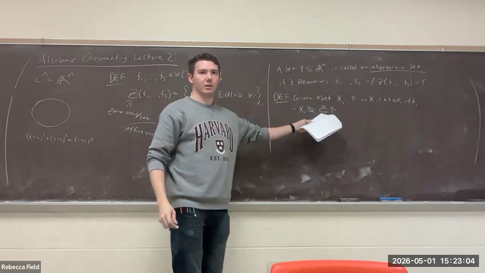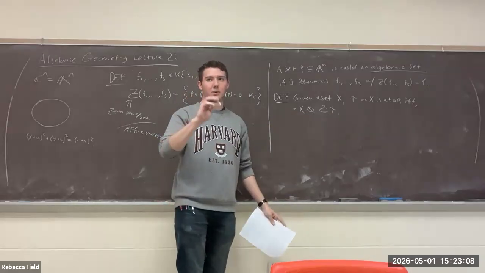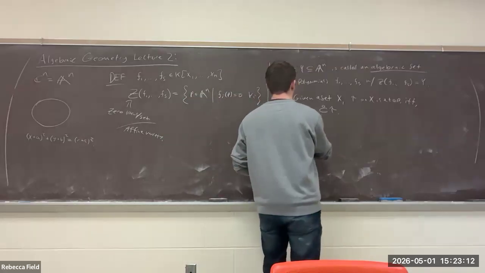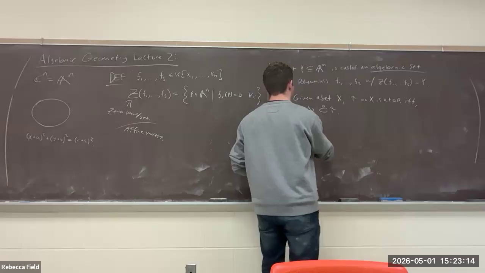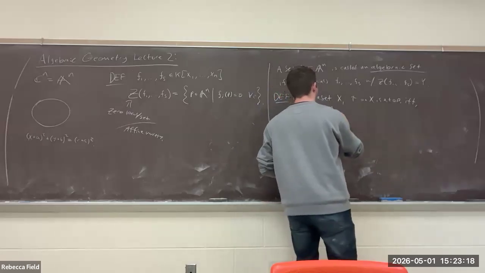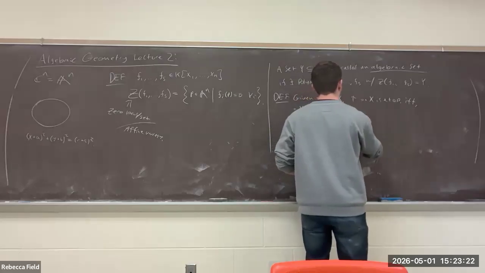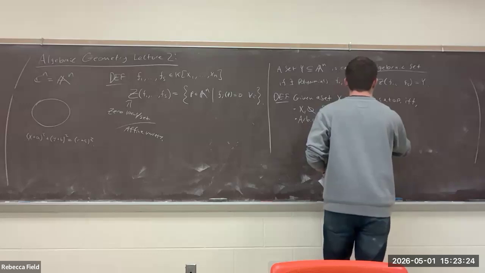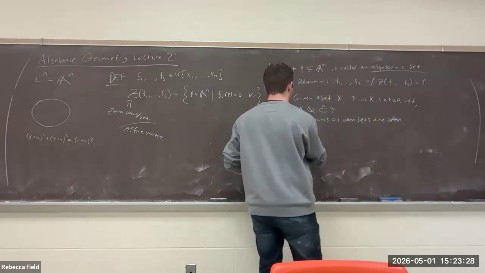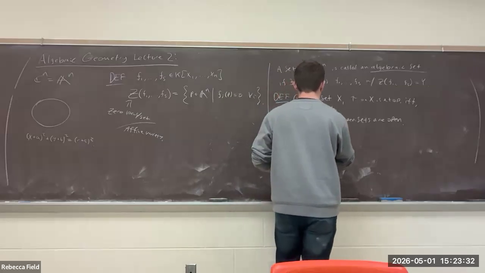This is the notation I like to use for open: a subset symbol with a circle over it. And then arbitrary unions of open sets are open, and finite intersections of open sets are open.